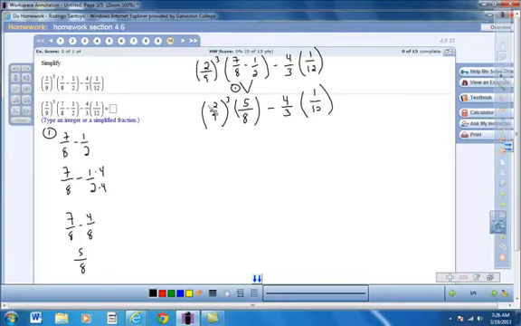So now, next thing we see is exponents. So we're going to do this second. Well, 2 over 9 to the power of 3, we know is 2 times 2 times 2 over 9 times 9 times 9, which gives us a big number like 8 over, well, 9 times 9 times 9 is 729.